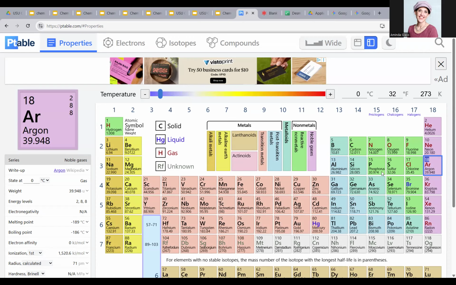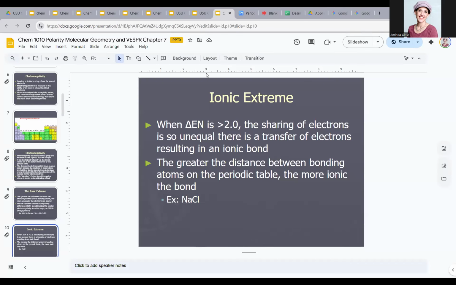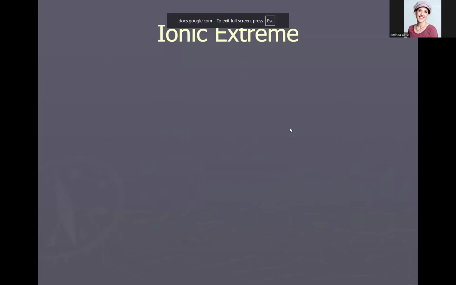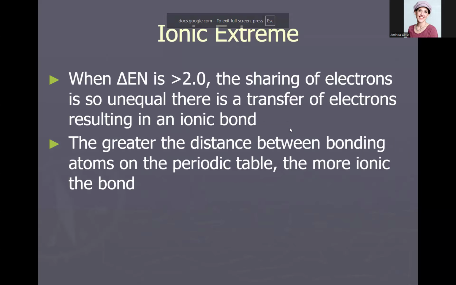The closer they are together, the more likely it is that they're going to be covalent. It might be polar covalent, it might be nonpolar covalent, but it's going to be a covalent bond the closer they are.